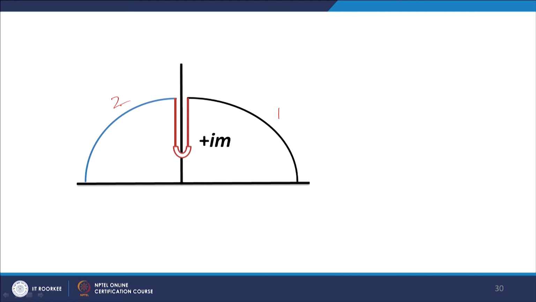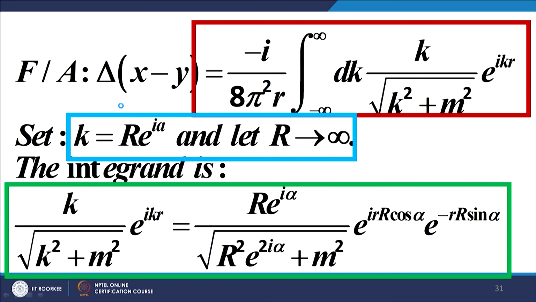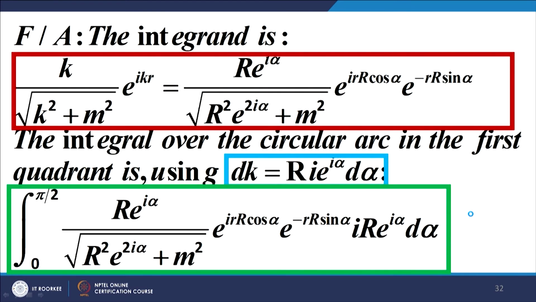Let us do the integration over these two parts. For that purpose we write k equal to R e to the power i alpha and let R tend to infinity. The integrand becomes what is given here in the green box, and again you find here we have r into capital R sin alpha, and in the limit R tending to infinity this quantity will go to 0, as you will see in the next slide also.